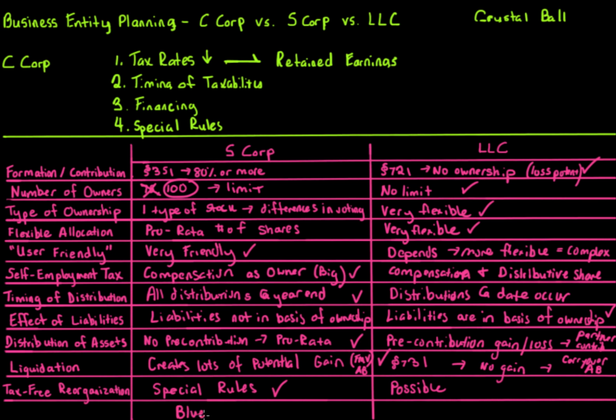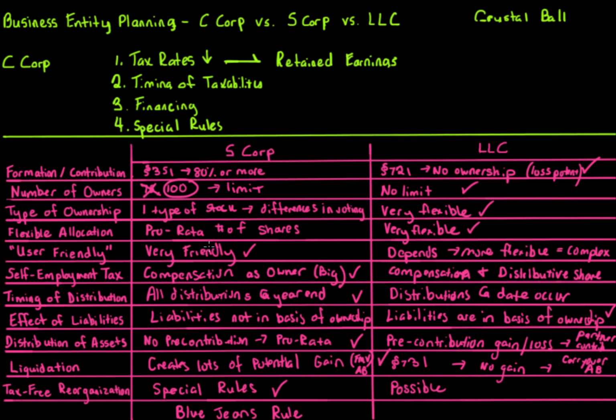And as you've seen, if you are advising a client that is not very sophisticated, doesn't have a very sophisticated structure, a typical small business, maybe just 1 or 2 owners, and they don't care about pro rata shares, there's not going to be a number limit, they don't care about preferences, they're all going to contribute at formation, they're all going to form at the same time, then it's probably best to go with the blue jeans rule, which says be an S corporation.